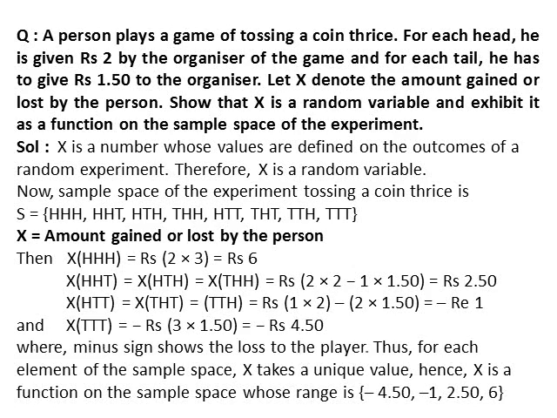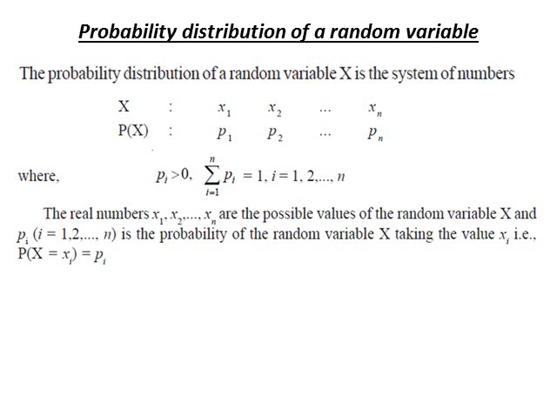Thus, for each element of the sample space, X takes a unique value. Hence, X is a function on the sample space whose range is a set with elements minus 4.50, minus 1, 2.50 and 6. Next, probability distribution of a random variable.